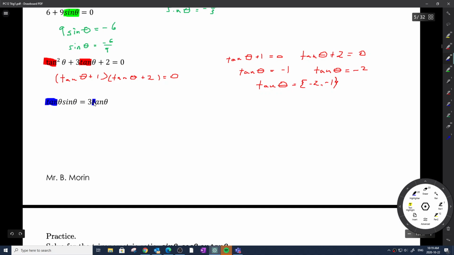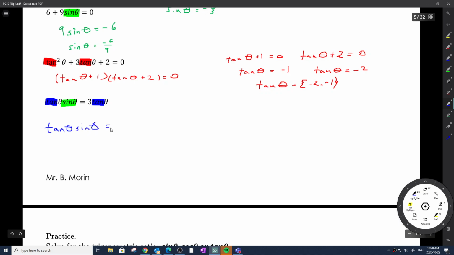Last but not least, let's have some fun. I'm going to put tan in blue, and my sine is another variable, in green. Now, the variable is actually sine theta. So what do I have? I have to use the zero product property, right? It's almost two variables, so we cannot collect like terms: tan theta times sine theta.